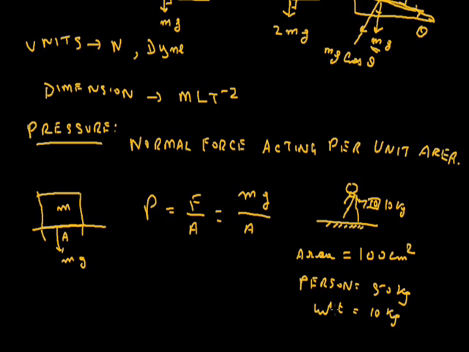In that case, what will be the pressure exerted by his feet on the horizontal surface? Pressure will be force by area. What is the force? 50 kg plus 10 kg is 60 kg, so 60 g. What is the area? 100.